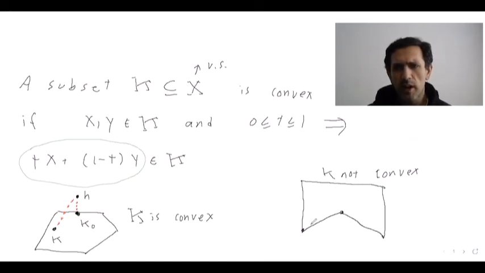Let's say that's a straight line. Let's say these have the same length. Let's take H to be right here, the midpoint.